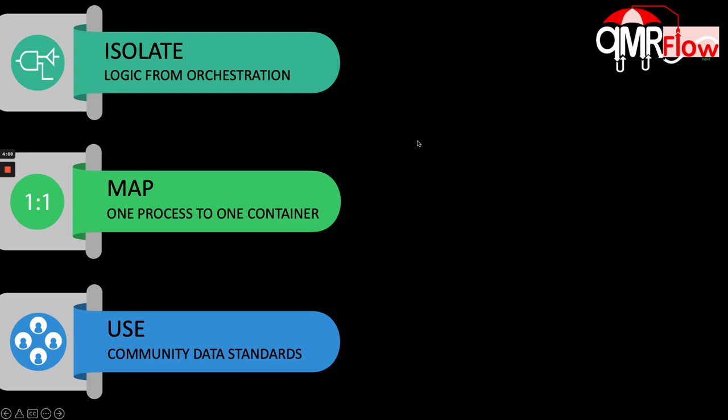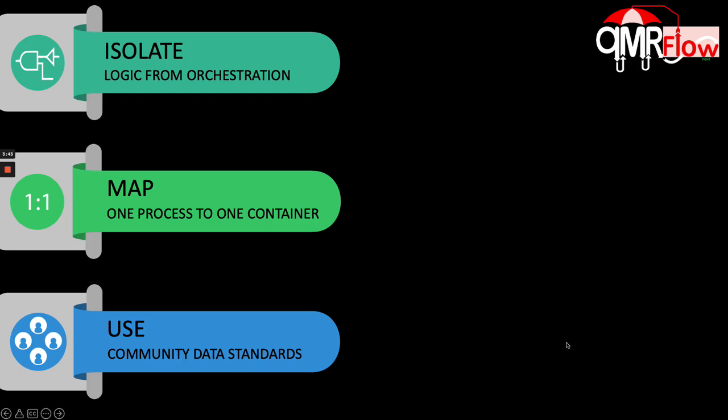And the second is that each process is executed in its own container. This way, we don't install all our dependencies in one environment. So this is isolating dependencies at the execution level, which is another good software practice. And finally, we use data standards. This way, the data-driven declarations are also standardized across different research labs.